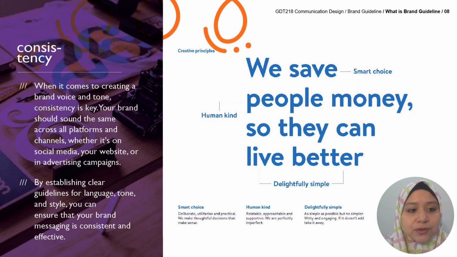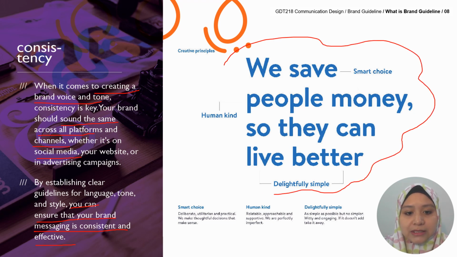When it comes to creating a brand voice and tone, consistency is key. Your brand should sound the same across all platforms and channels, whether it's on social media, your website, or your advertising campaign. By establishing clear guidelines for language, tone, and style, you can ensure that your brand messaging is consistent and effective. This is voice and tone from Walmart.